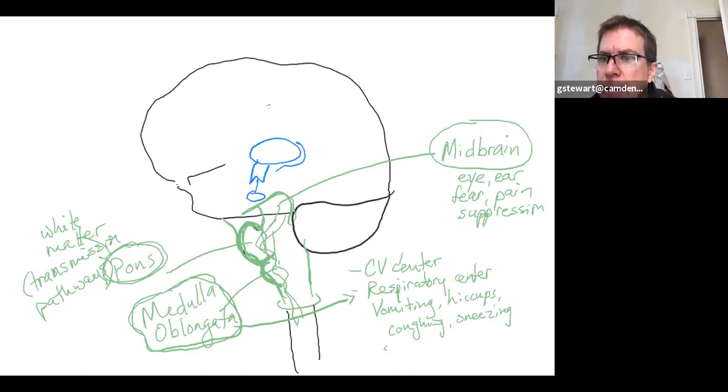I should have written that here, it is also largely regulated in this area. Vomiting, we don't have conscious control over that. Hiccups, coughing, sneezing, all those things are just basic physiologic functions that we don't have conscious control over.